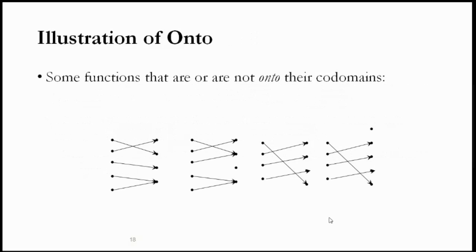Now what could be the first one? Some functions that are not onto their codomains. Here, which one is surjective?